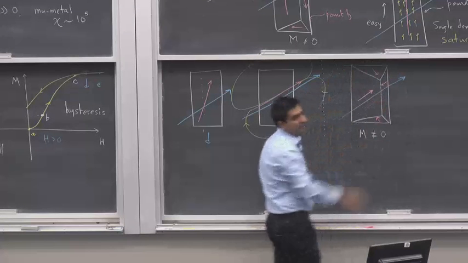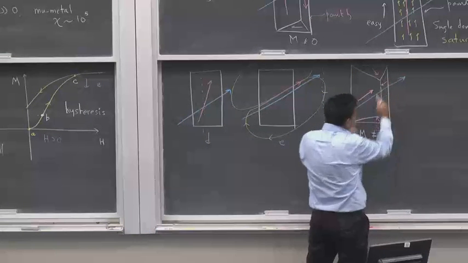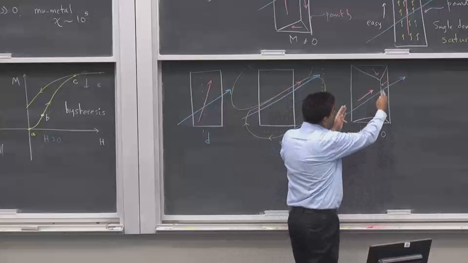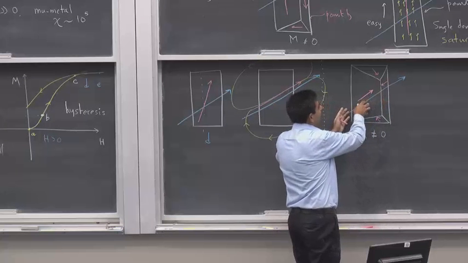That will not produce any magnetostatic energy. So what's going to happen is that as you lower this field, eventually this domain is going to grow larger in size and this domain is going to grow smaller in size.